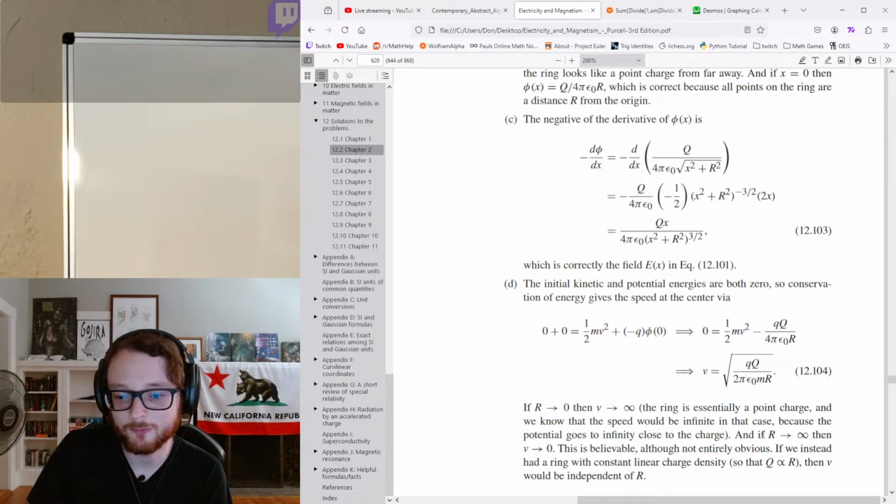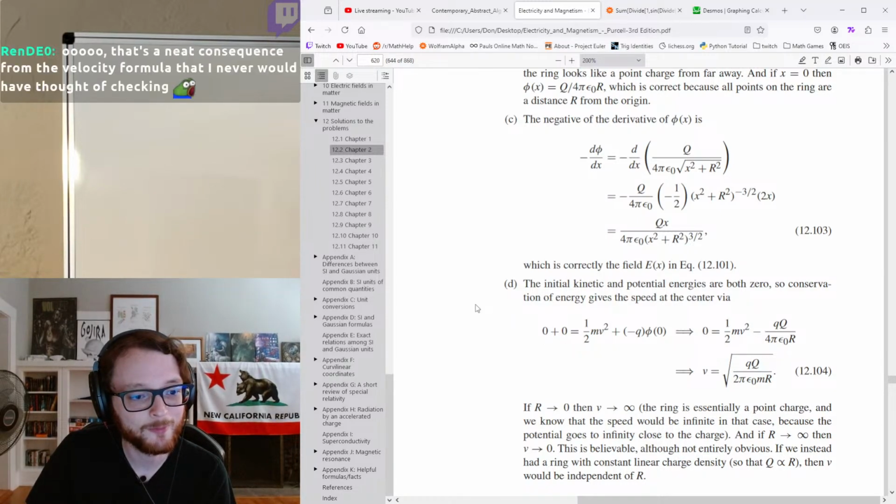But if you do have a ring that's infinite with a huge radius, it's going to barely be affecting our charge, I guess. So there's not much potential to build up against. I don't know. It's a neat consequence from the velocity formula you never would have thought of checking.